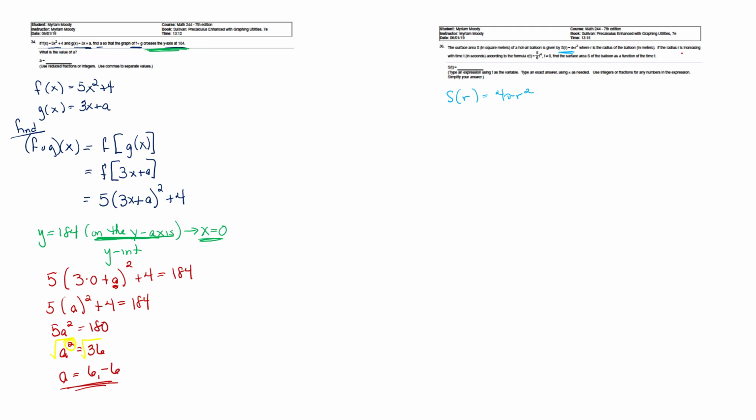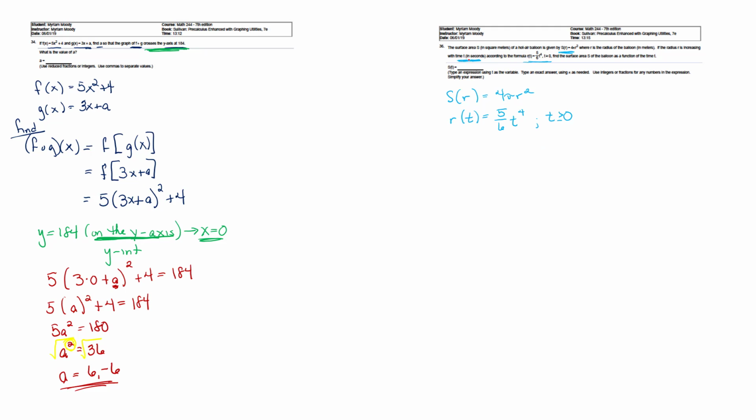Now, if the radius is increasing with time, t in seconds, according to this formula, r of t equals 5 over 6 t to the 4th, and they have a restriction, and the restriction is t greater than or equal to 0. Does that make sense that t has to be greater than or equal to 0?